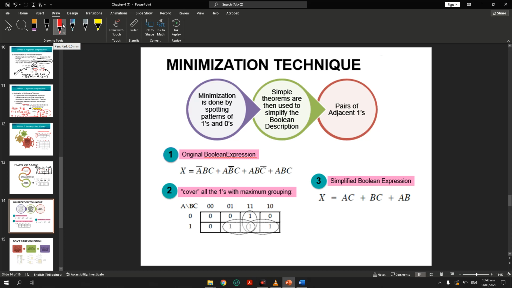I would rather use the K-map than Boolean simplification, because there you need to memorize the identities or theorems in Boolean algebra. In the K-map, you do not have anything to memorize, as long as you know the rules or techniques used in minimization.